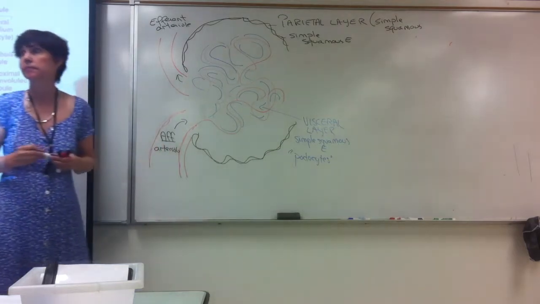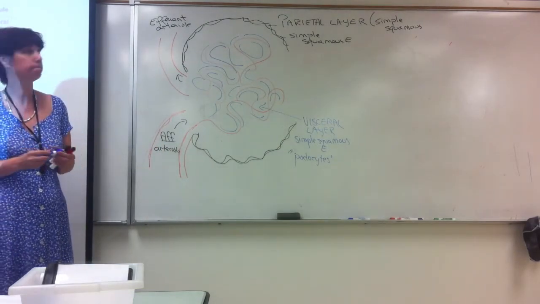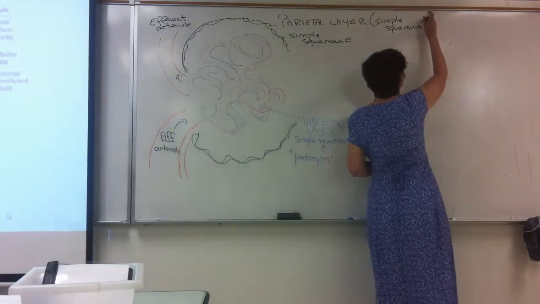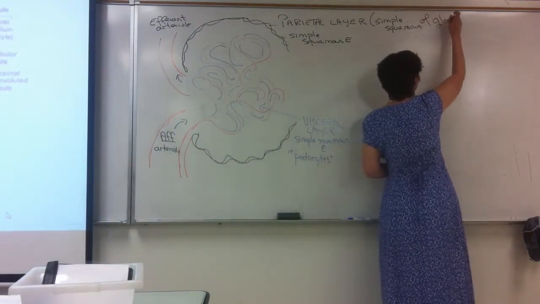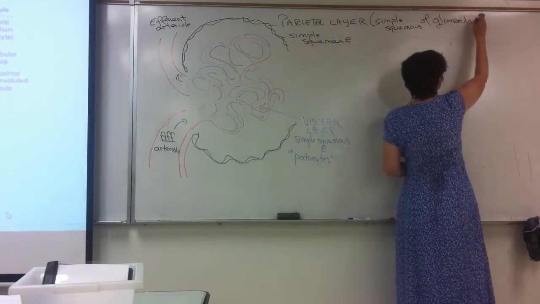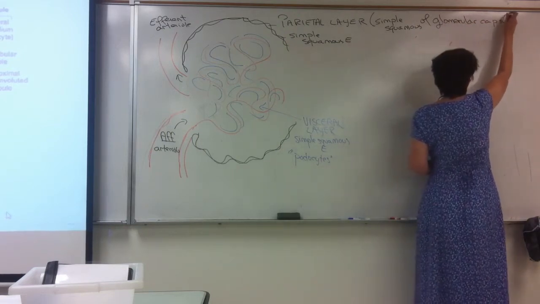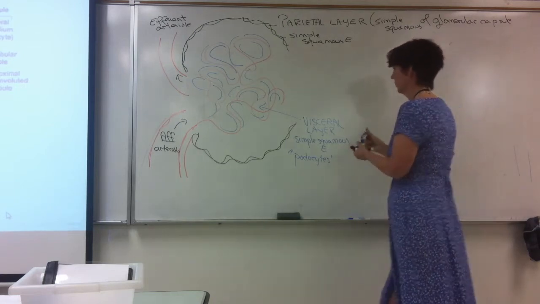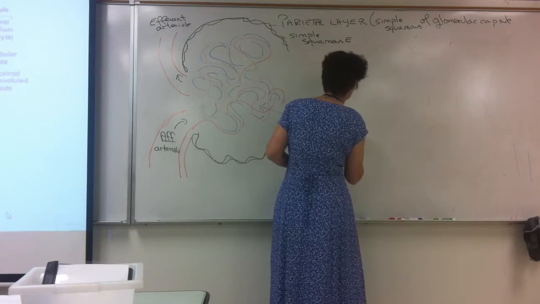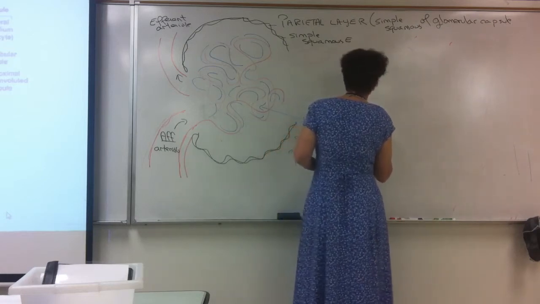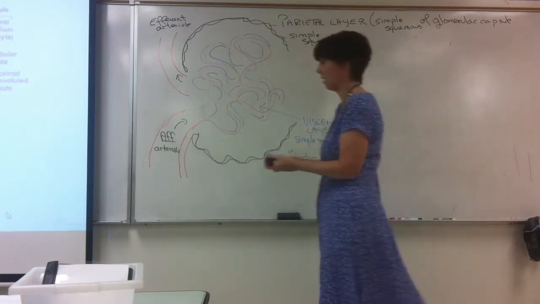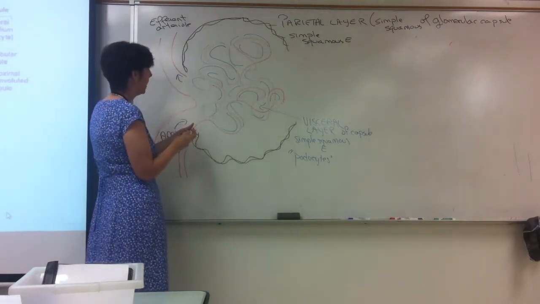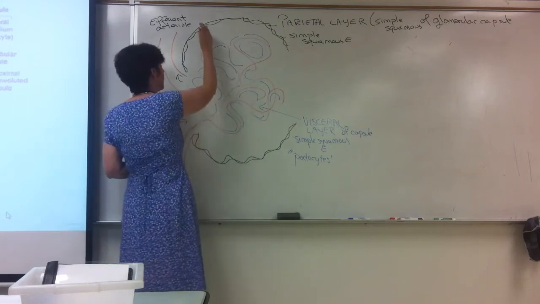So that's the visceral layer of the capsule? Uh-huh. So the parietal layer of the glomerular capsule, or Bowman's capsule, and the visceral layer of the capsule. Damn, my drawings are getting good. And so this would be considered to be the capsular space.